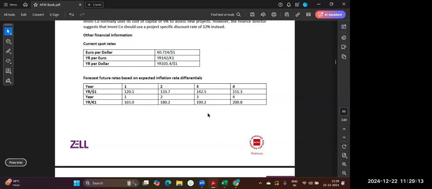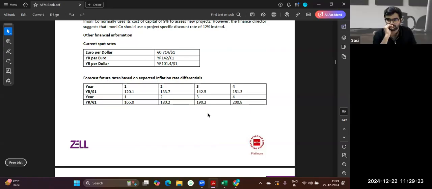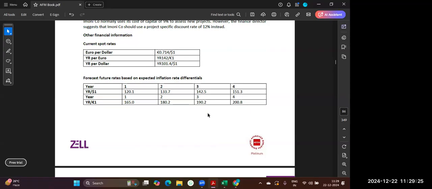In this question, there are three currencies involved: Yelanwe Rand, $1, and £1. If you read the question carefully, there are three currencies. When you manufacture something, you may import from London, you may import from US, then assemble in India, so there could be multiple currencies involved.